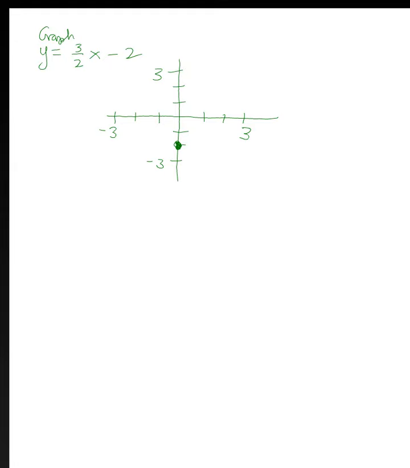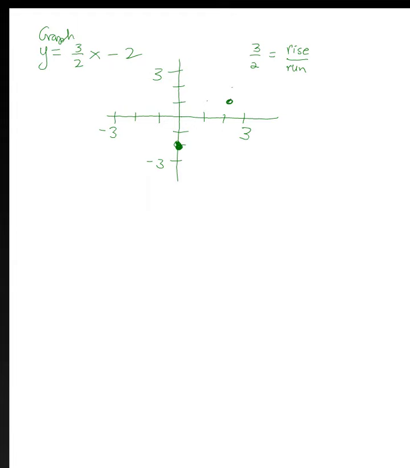The slope now is 3/2. Remember that slope being 3/2 tells you the rise over the run. So I start at my intercept right here. That tells me go up 3, 1, 2, 3, and then go to the right 2, 1, 2, and I put a dot right there. And then I could do it again if I wanted to.